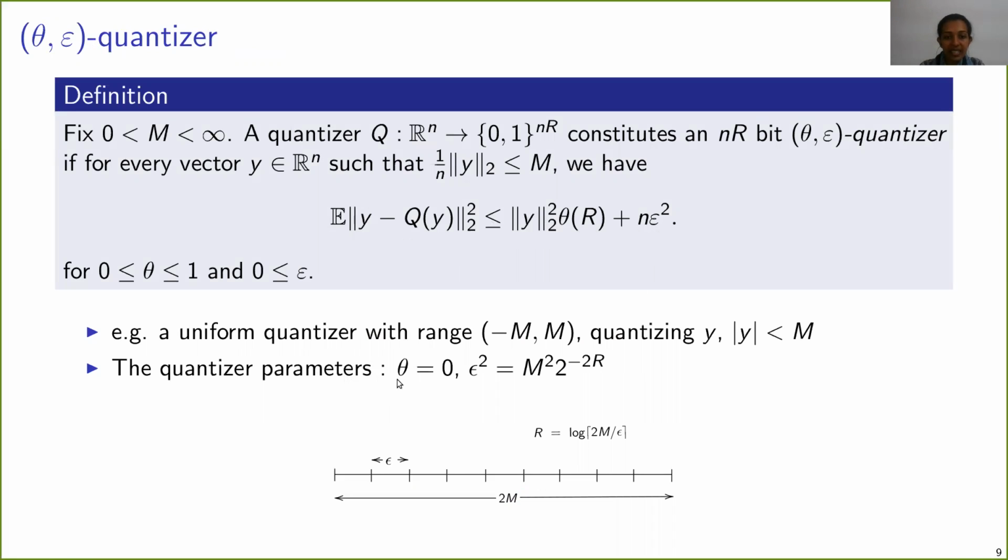Let us look at an example. Here we see a scalar uniform quantizer of resolution R working within the range minus m to m. Now if we are trying to quantize a scalar whose norm is bounded within this dynamic range of the quantizer, then we can see that this is a theta-epsilon quantizer with this multiplication factor theta being 0 and the additive error epsilon square being m square times 2 to the power minus 2R.